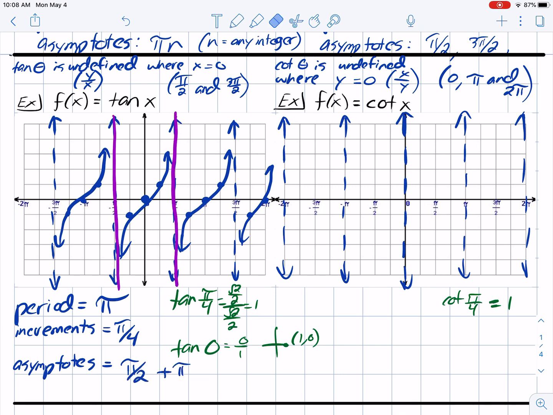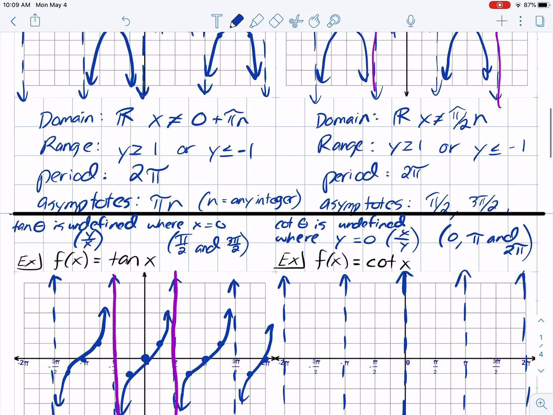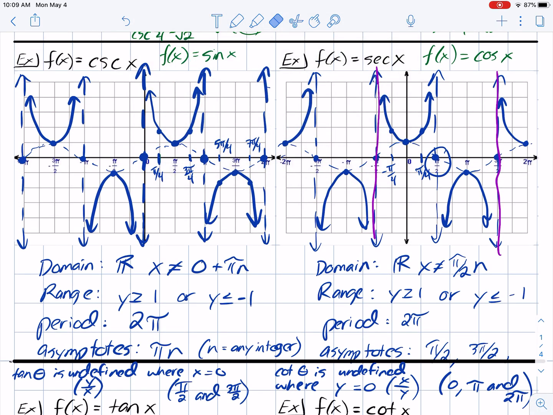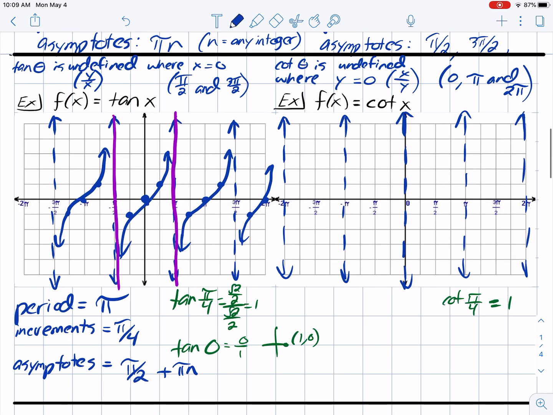Sorry, not divided by n, but plus pi n. Let's fix that up here. That should have been the same for secant. Pi over 2 plus pi n. And you can see that they begin to repeat, because if I plugged in 1 here, that would be pi plus pi over 2, which is 3 pi over 2, and they would continue.